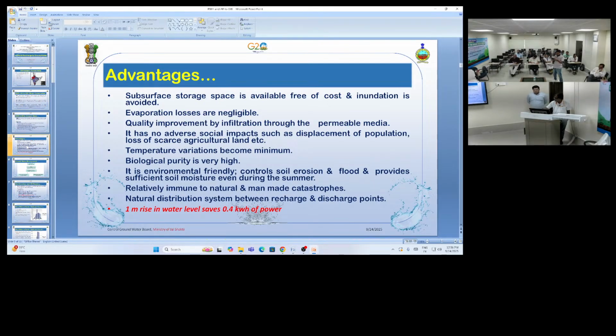One point is important here: a 1 meter rise in water level saves 0.4 kilowatt of power. So if we can raise the water level in any way, through artificial recharge, it will save 0.4 kilowatt of power. That means you will also save some money.